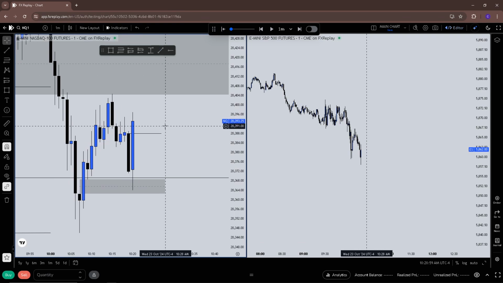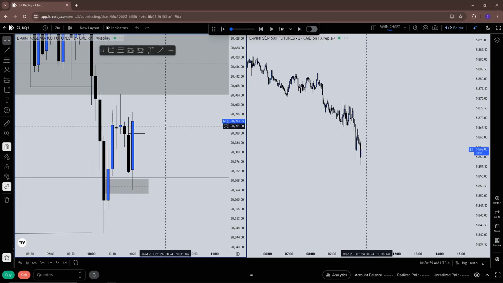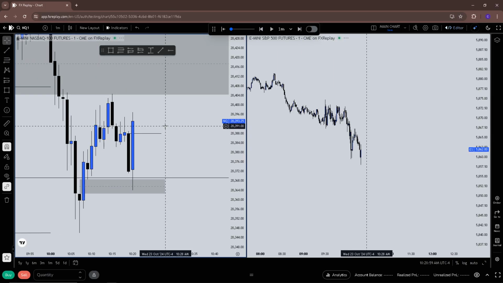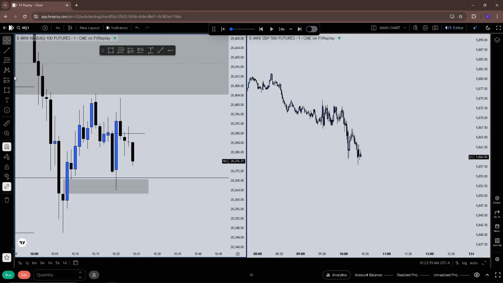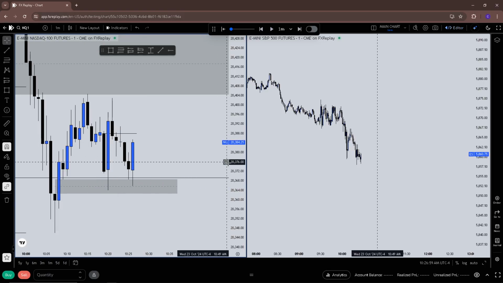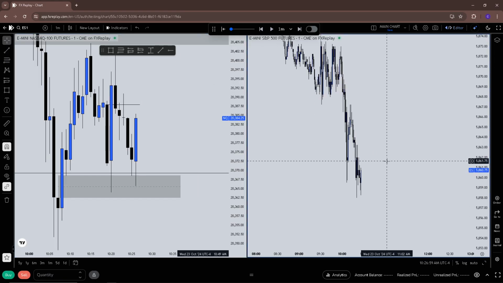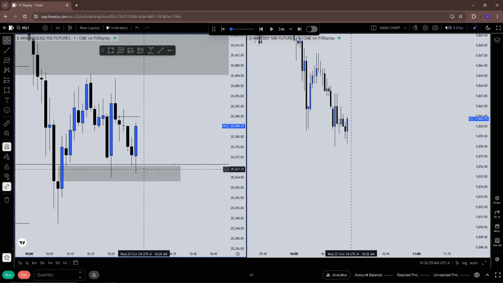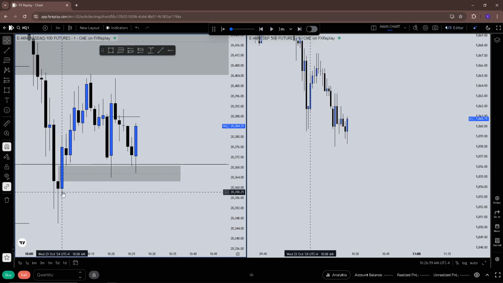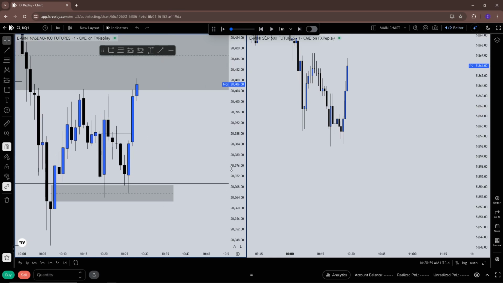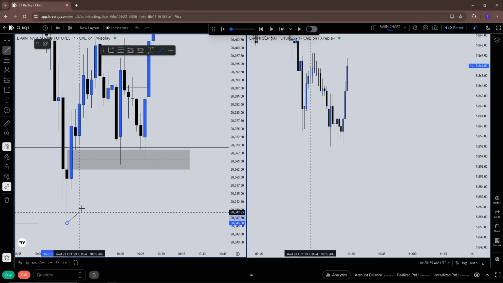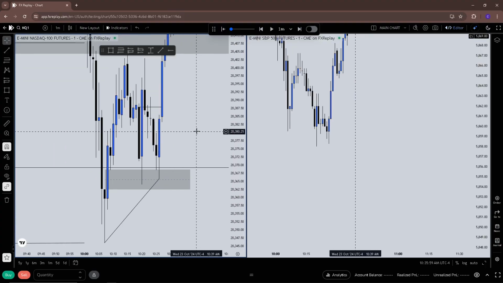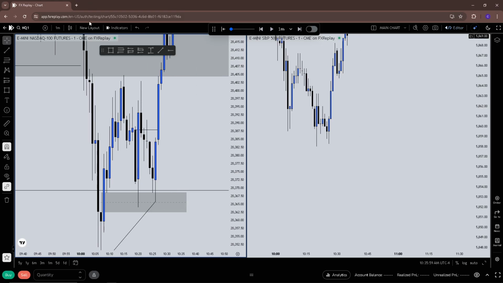Get a CISD off of it. So you could have taken this inversion. We're S&T'd at the low, and we get an inversion.